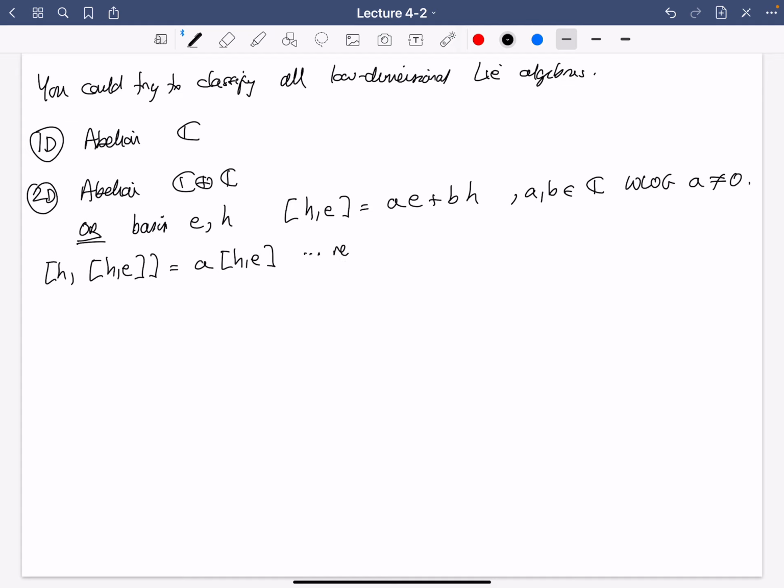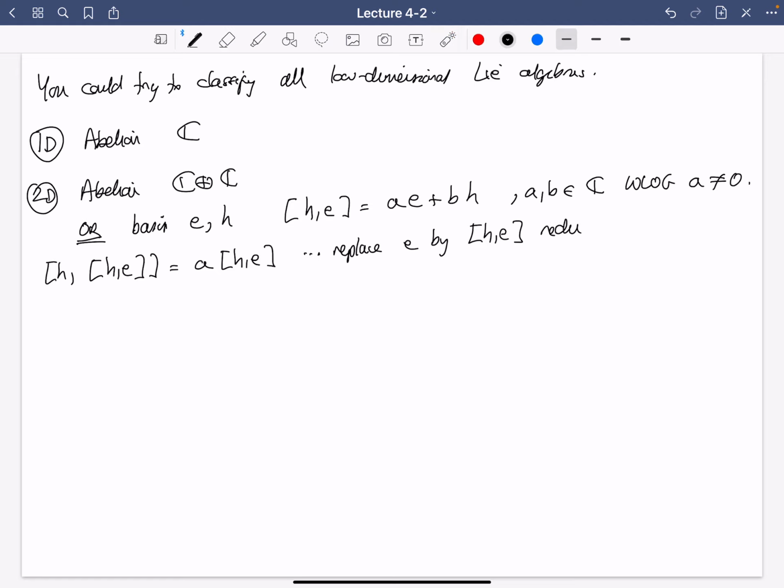So if I replace E by HE, because I'm assuming A is non-zero, that new E together with the original H, that's still another basis.